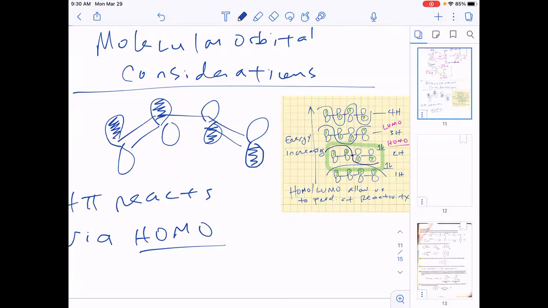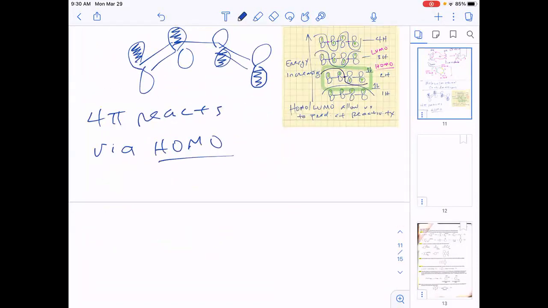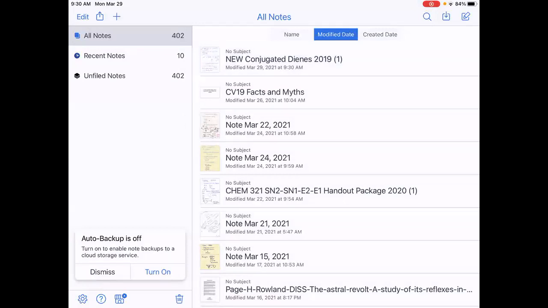So the 4-pi system reacts through its HOMO, and then the 2-pi system reacts through its LUMO. Let me grab that right quick from that other document. Should I grab it from the right place?